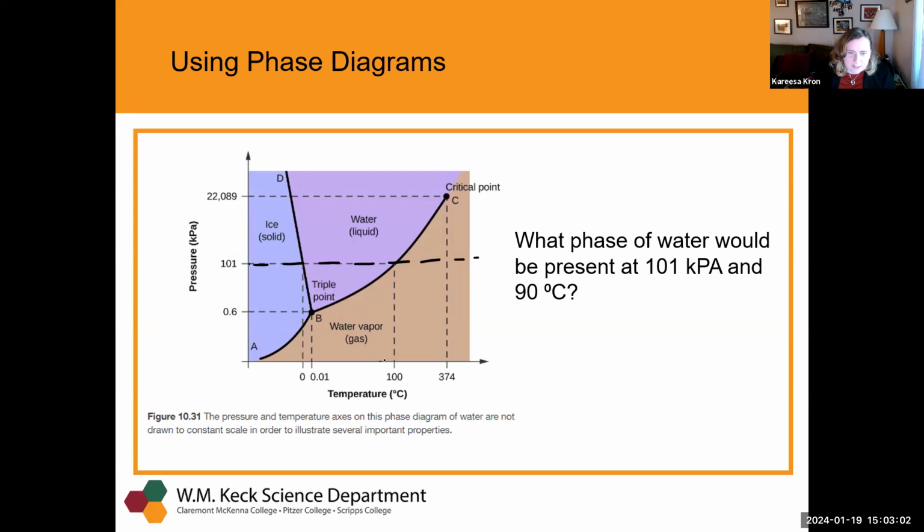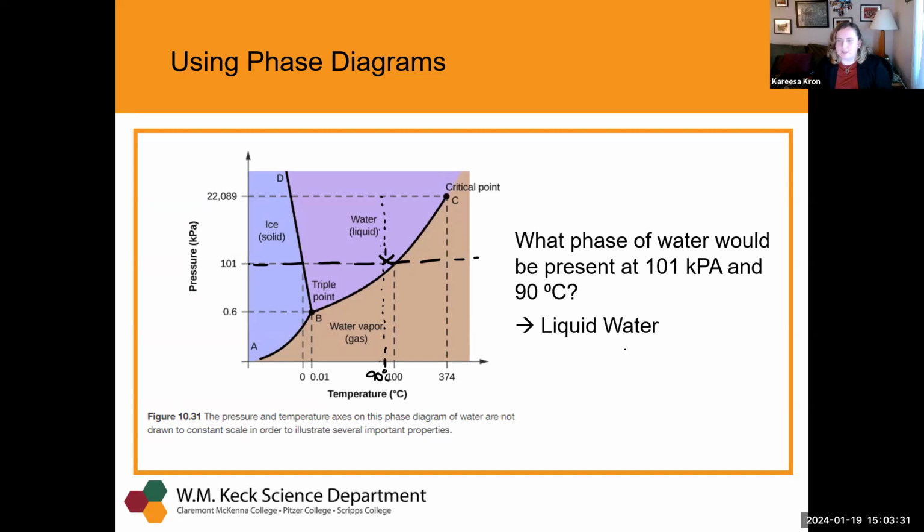And then 90 degrees, we might guess, is here on this plot. So the intersection of this temperature and pressure pair tells me that at this phase, I'm going to have liquid water. So I can use information in this phase diagram to help me guess what phase I'll have at certain operating conditions for my system.